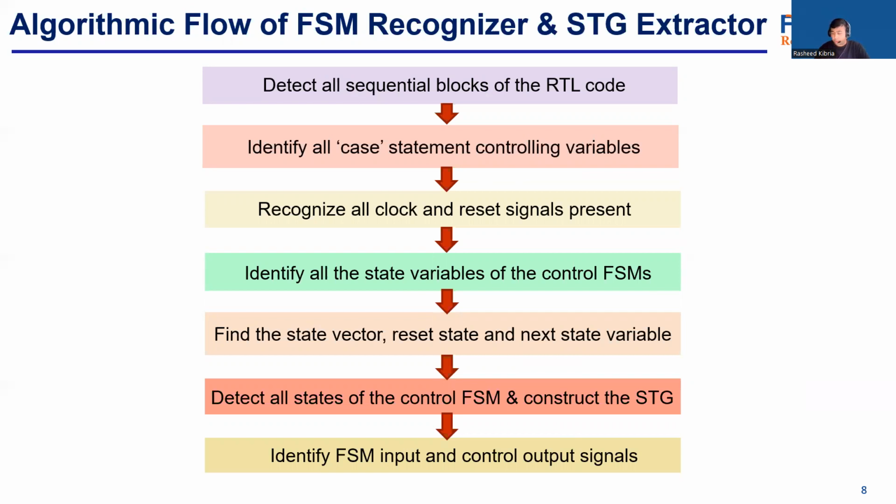Finally, we identify all the state variables of the control FSMs, and determine the state vector, reset state, and next state variable. In the last two steps, we detect all the states of the control FSM, construct the state transition graph, and identify the FSM input signals in the process, and we also report the output signals generated from the FSM.